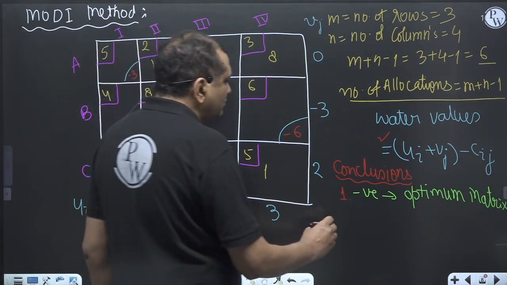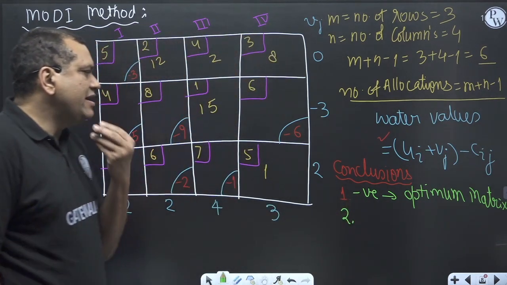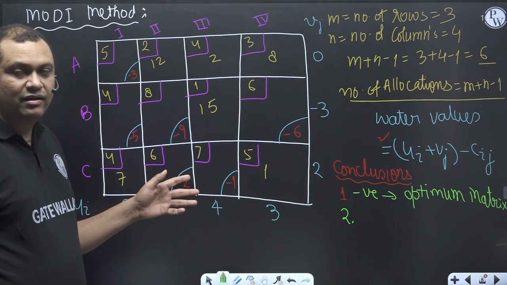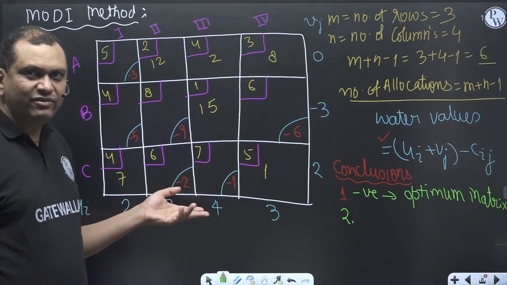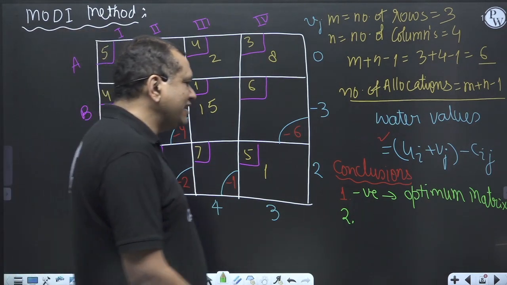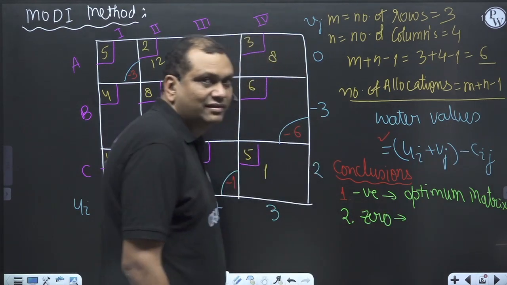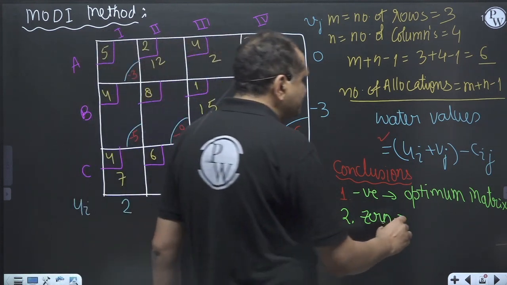Point number 2: if the water values of all the non-occupying cells are non-positive, meaning negative or 0, and suppose one value is 0, it means there are alternate solutions.